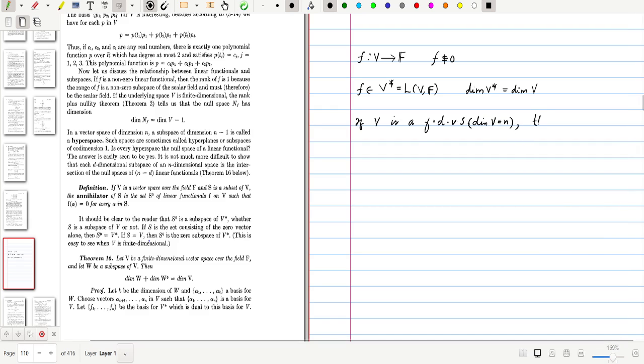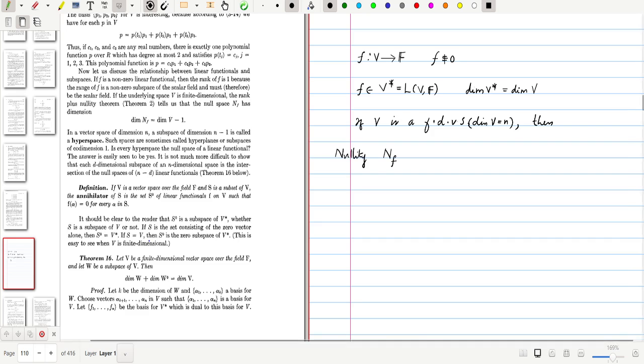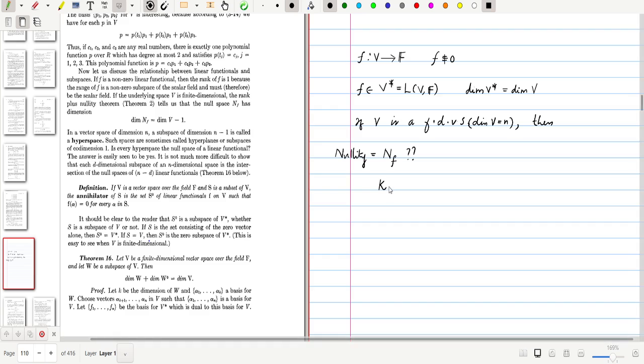Then what is the dimension of the null space, or what is the nullity of f? In order to get the nullity, we need to work out the elements of the kernel of f.